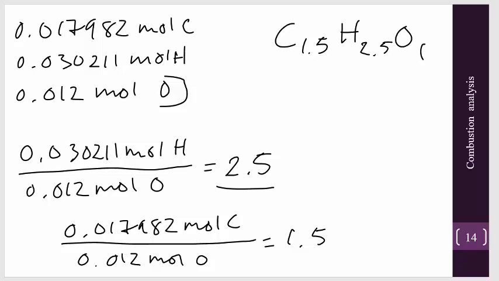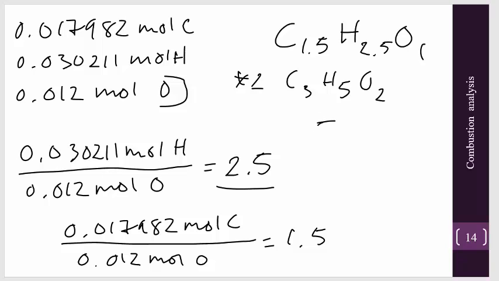Our empirical formula does need to be a whole number ratio. So we're going to have to multiply it to get an empirical formula that's a whole number ratio. We can just start multiplying it by something. I'll just start with 2. And this will give us C3H5O2. And now we do have a whole number ratio.